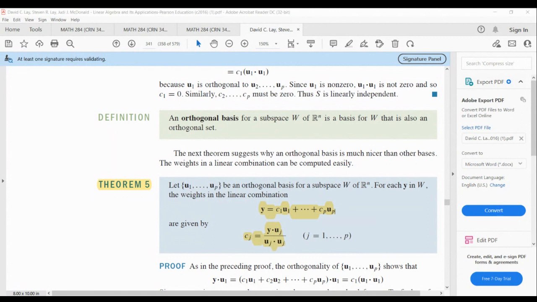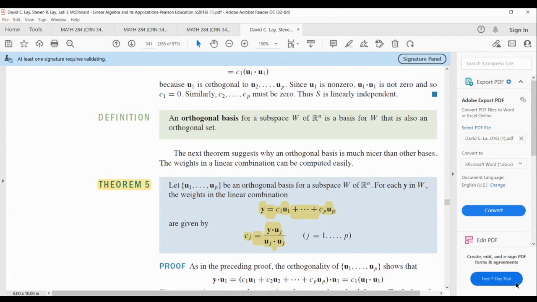If you want to find the linear combination constant C sub j, just take the dot product of the vector y with the jth vector u and divide it by the dot product of that jth vector u with itself. So see, with an orthogonal basis, that's a very special basis because you have a formula that allows you to find those weights in the linear combination.